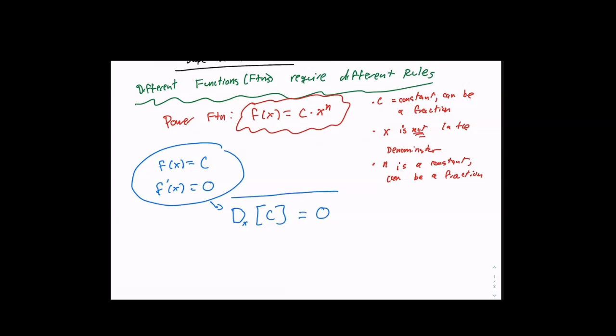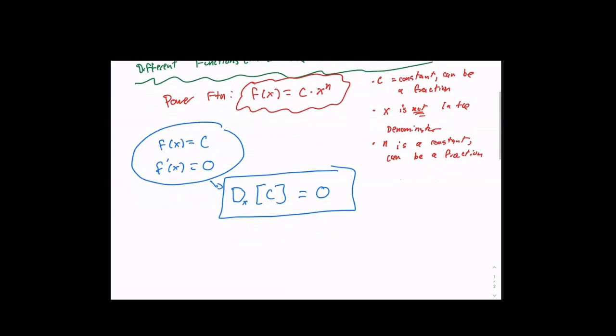This is how we write the rule for a constant. The function is a constant, we're taking the derivative of that function, and that derivative is equal to 0.